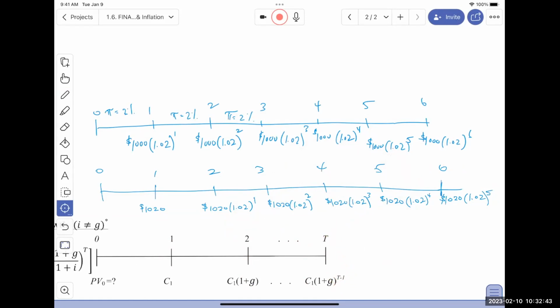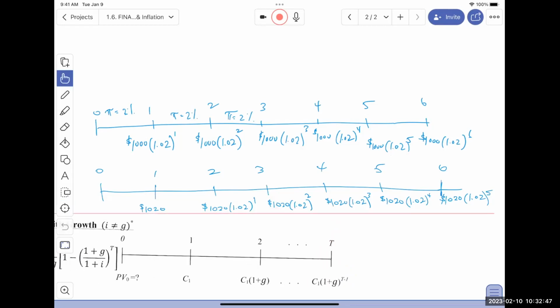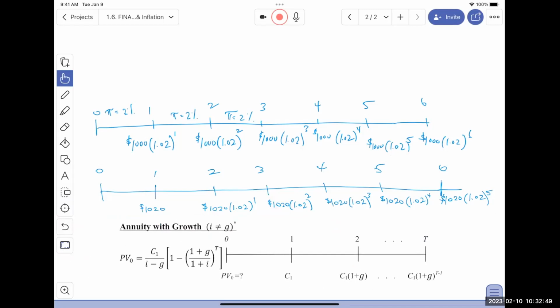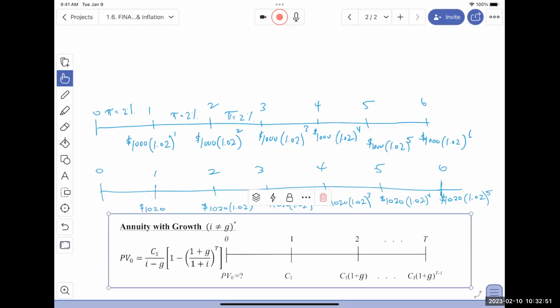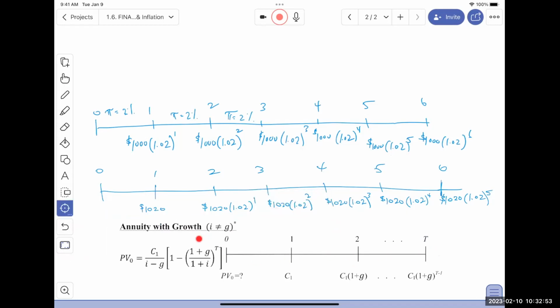So the way I've done it now, it looks exactly like the timeline that matches the formula that we're going to use. If your timeline can't match up, you can't use the formula as is. You have to adjust it somehow. Do you see what I did there? Trying to basically take problems and match them.